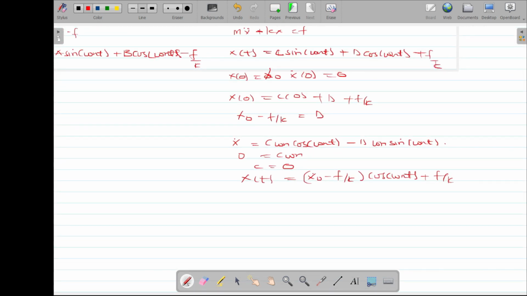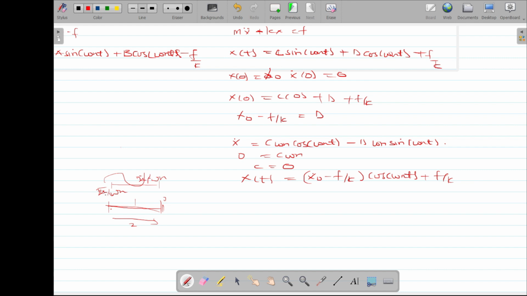Now, this is the equation of motion of the body when it's moving from right to left. Let me make this clear. When the block is excited, it moves from right to left, 1, then left to right, 2. So this to and fro gives us 1 cycle. If you move from here to here, to move from 0 to pi over omega n, then it will move from here to here again by another pi over omega n.